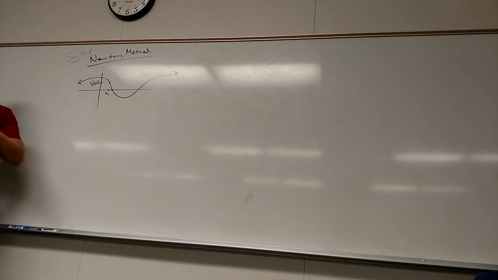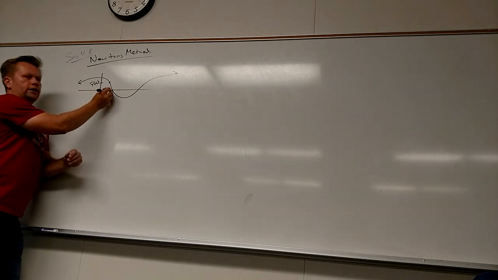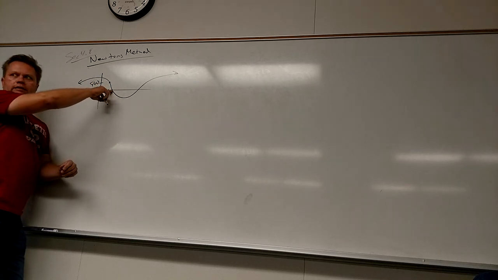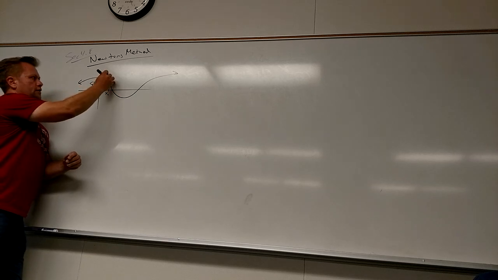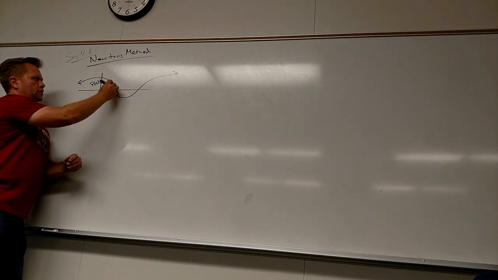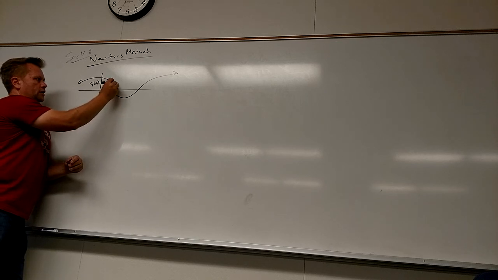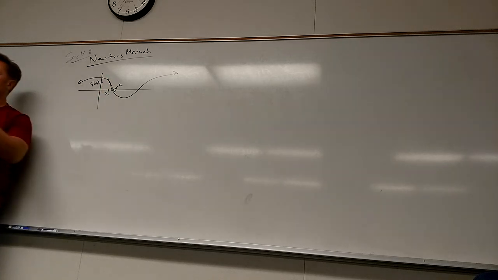Now, what Newton figured out is I can use the slope. If I'm close to the actual answer, then the slope should be pointing me in the direction of where the answer is. In this case, the slope there would be leading me to here, and that would be my second guess. That would be x2. Let me stop there for a second.